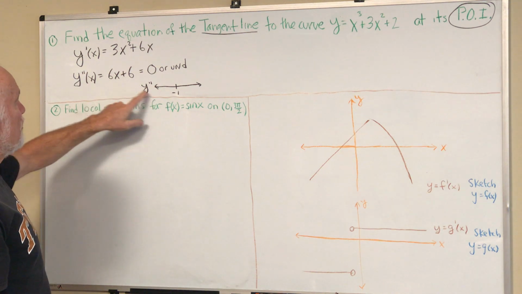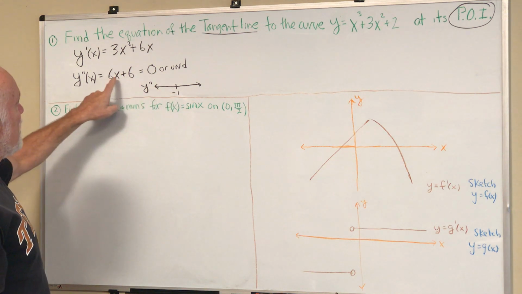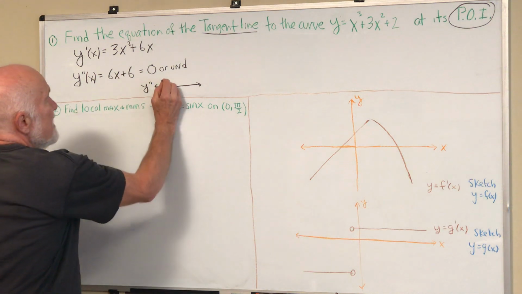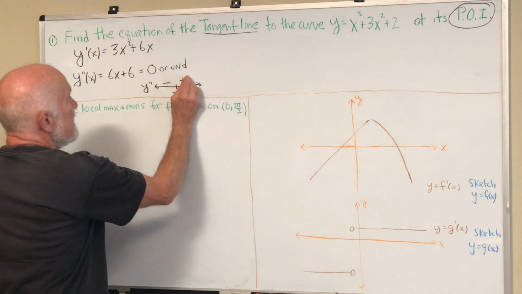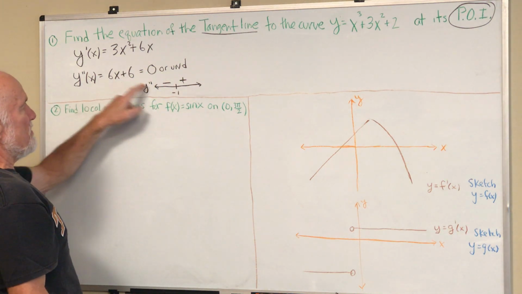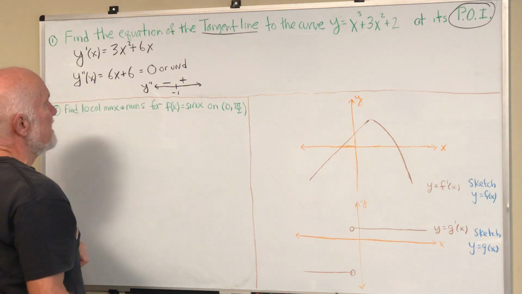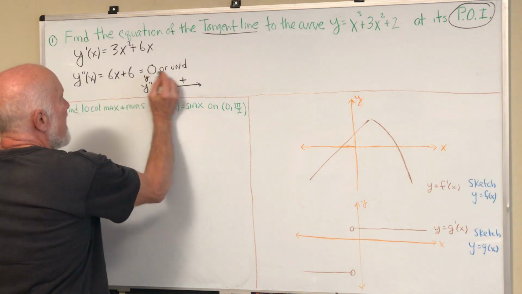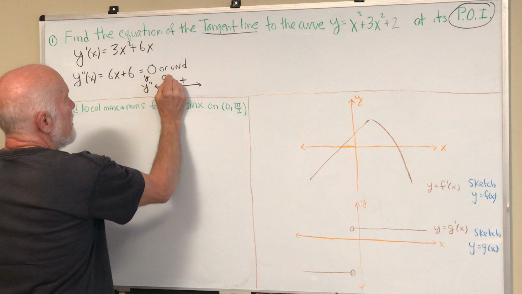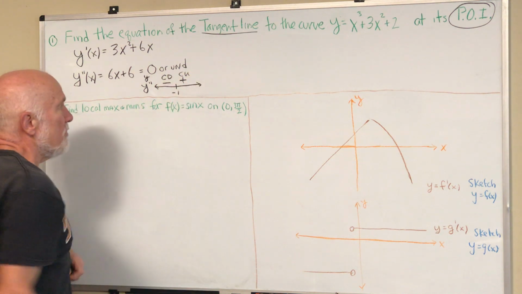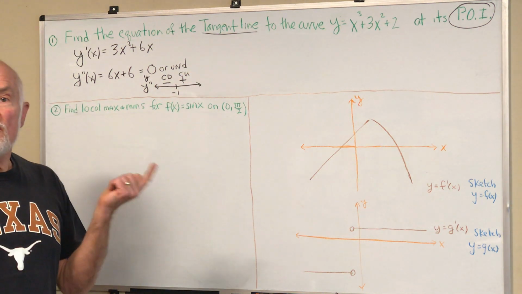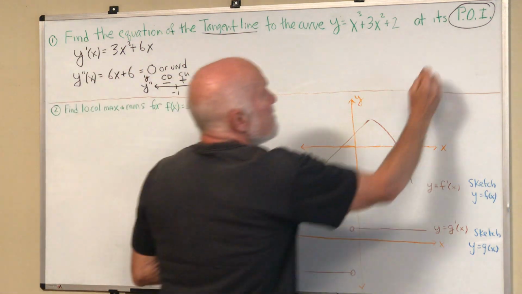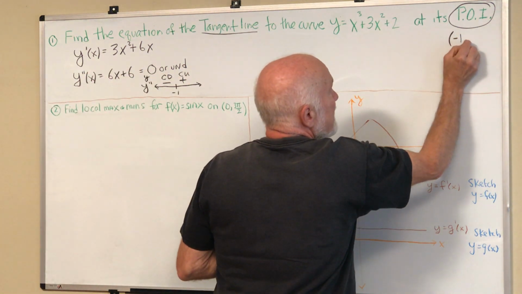And we see if we go to the left of -1, the second derivative is negative, and to the right, it would be positive if I picked a number bigger than -1. So I can see that the function itself changes from concave down to concave up. So that really is a point of inflection. So the point is -1.